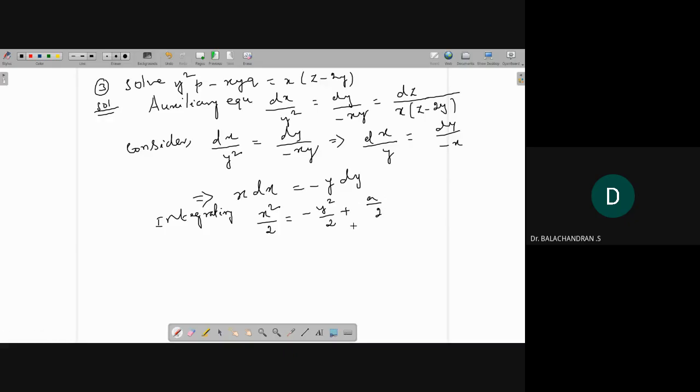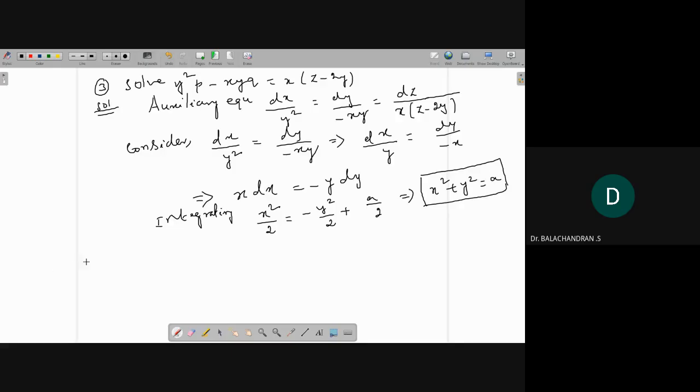Now from this we can easily observe, first multiply by 2, you'll get x square equal to minus y square plus a, or x square plus y square equal to a. So actually this is the first independent solution, that is u of x, y, z equal to a.